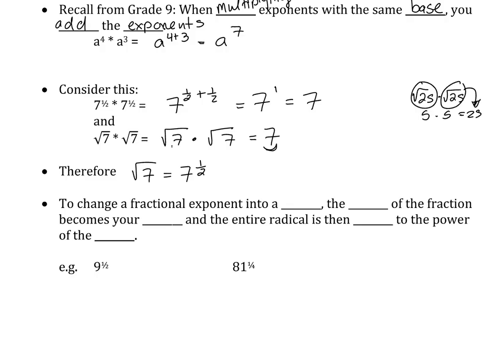So to change a fractional exponent into a radical, okay, that square rooty thing, the denominator of the fraction becomes your index, and the entire radical is then raised to the power of the numerator.